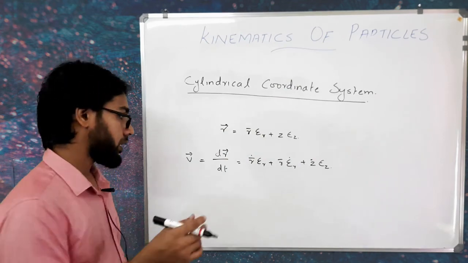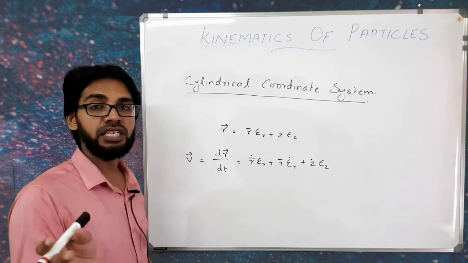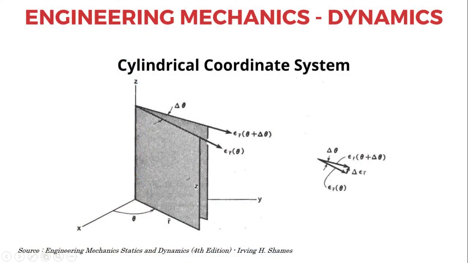Now remember one thing, epsilon r is the unit vector which keeps on rotating. Now look at this figure, which shows that the plane rotates by an angle delta theta after a time interval delta t. The figure also shows the unit vectors at time t and at time t plus delta t. Now let us use the concept of rotation of a unit vector which we had derived earlier.